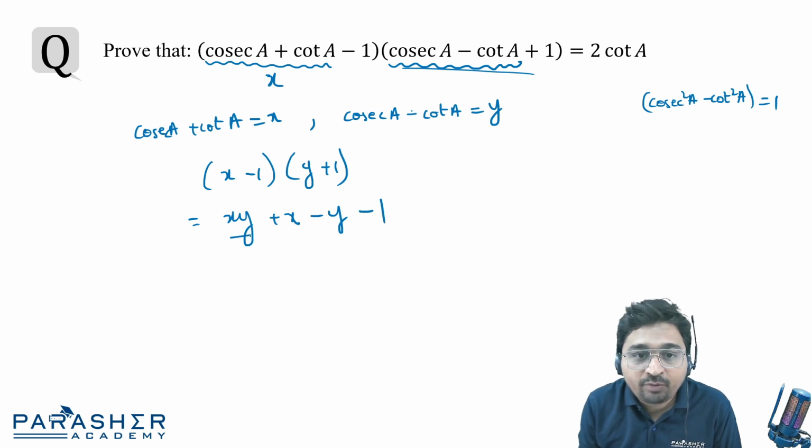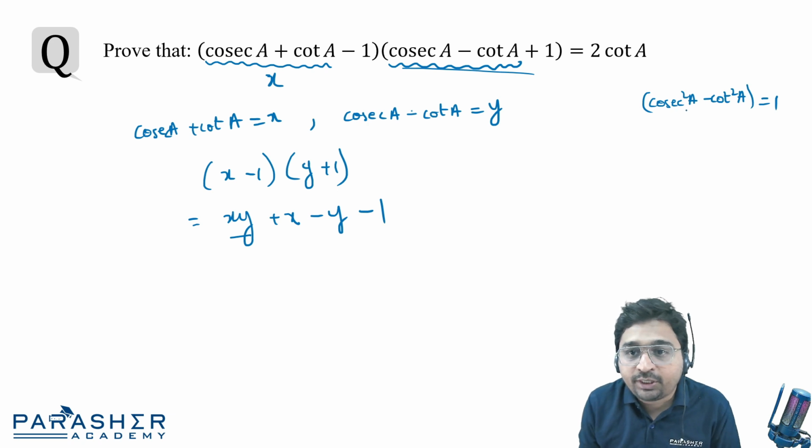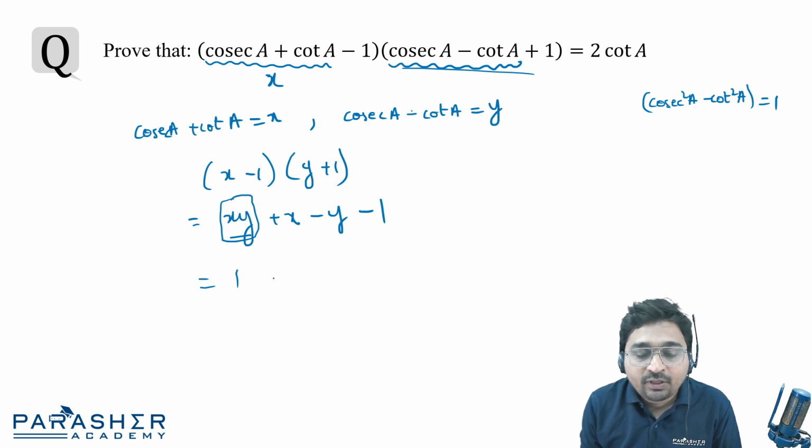Now look at xy. What is xy? Cosecant A plus cot A into cosecant A minus cot A, which is nothing but a plus b into a minus b, a square minus b square, cosecant square A minus cot square A, which is equal to 1. So this whole thing will become equal to 1. Then I'll get plus x. What is x? Cosecant A plus cot A. What is y?